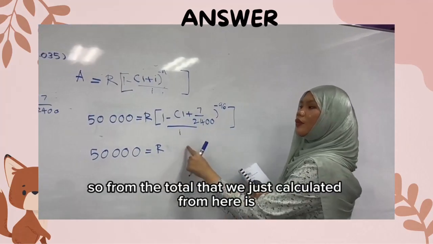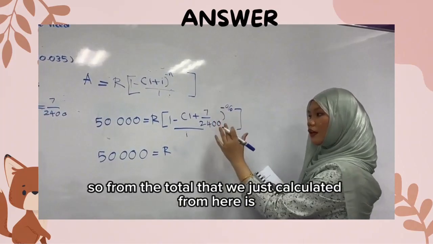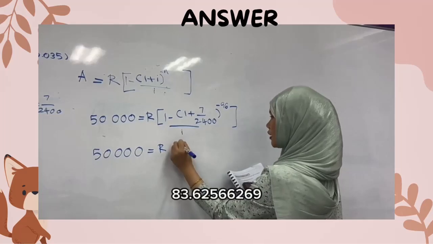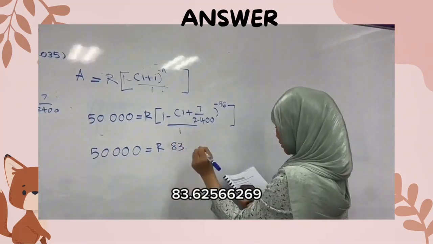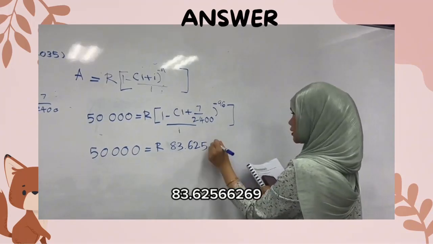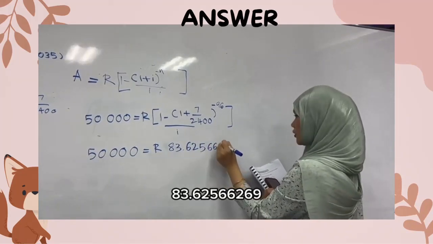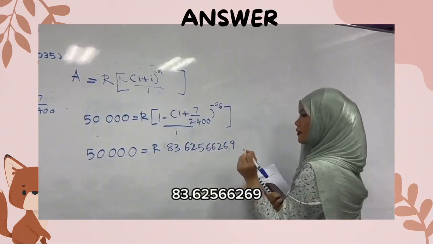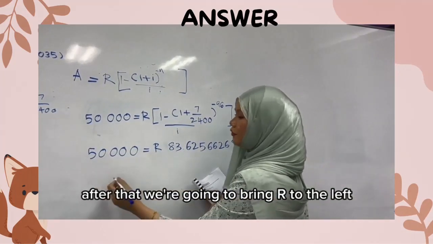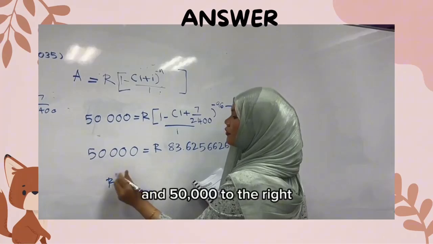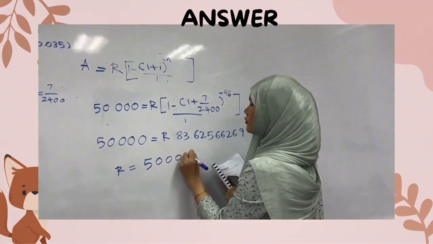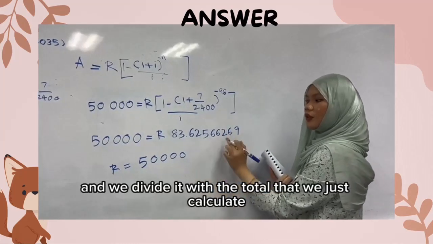So from the total that we just calculated, it is 3.62566269. After that, we're going to bring R to the left and 50,000 to the right, and we divide it by the total that we just calculated.